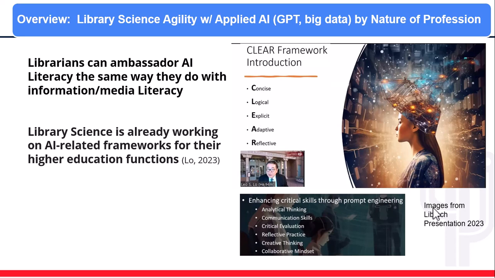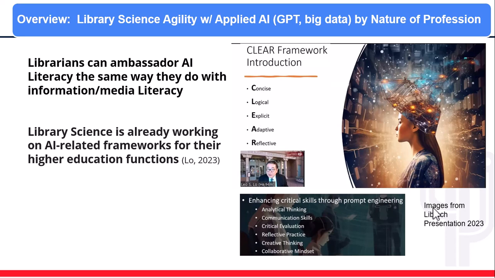The idea put out by one particular scholar has to do with the CLEAR framework introduced by Lowe, and you'll see references at the end, and how it can be used similarly to the librarian's role in information literacy, thinking about SIFT, CRAP tests, and other things.